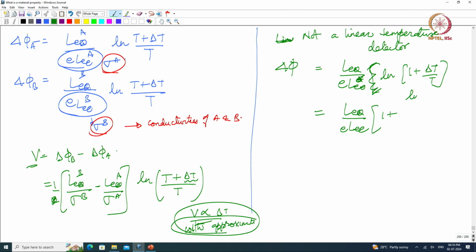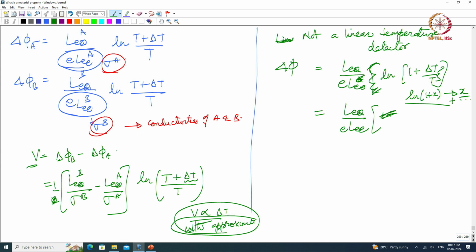ln(1 + x) can be expanded as x plus something. If I just take the linear term, it is just x. So if delta T by T is small enough, I am just going to expand it as ln(1 + x).